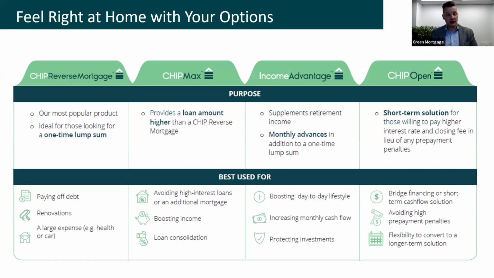They do charge a fee and a higher interest rate for this, but it would be a way of being able to own both properties. Instead of using a private lender, you could use a CHIP Open mortgage. Once you've sold the existing home, you have the flexibility to look at converting it into a better long-term solution if you want to continue borrowing money in the future.